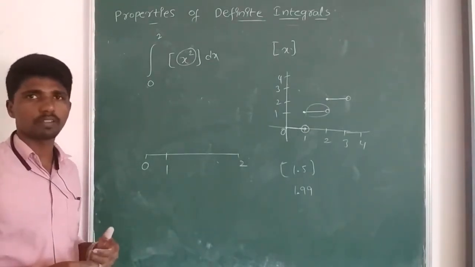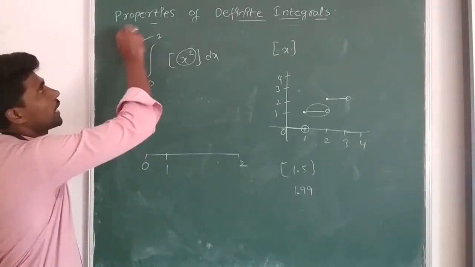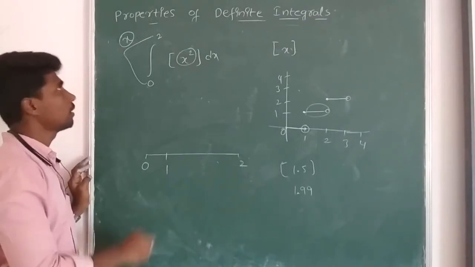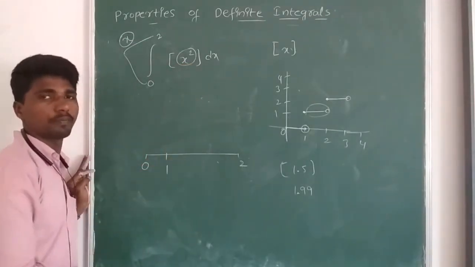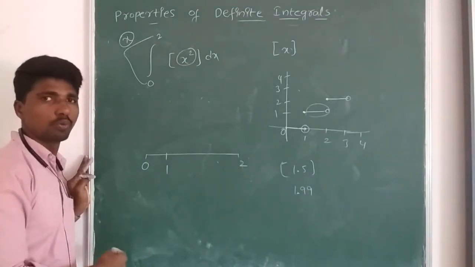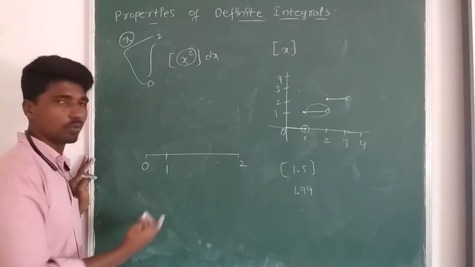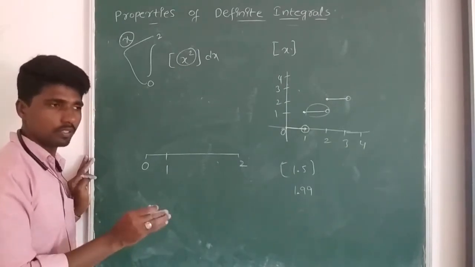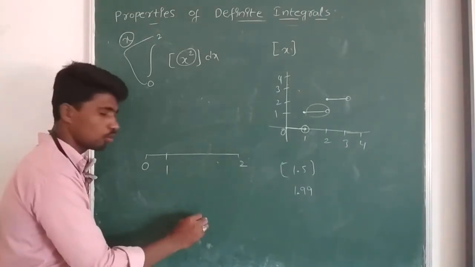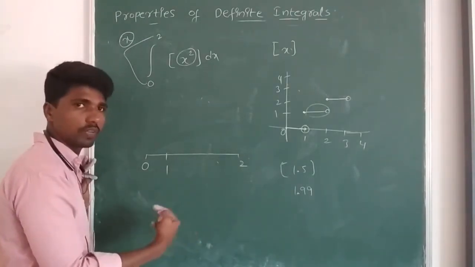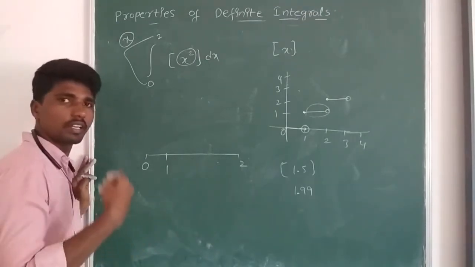These are the limits given for x, and we need to find whether x square is an integer or not. Root 2 whole square is 2, and 2 does not lie between 0 and 2, it is the end point 2.